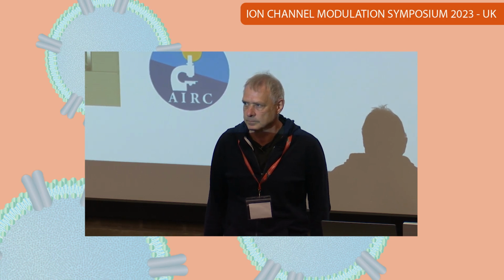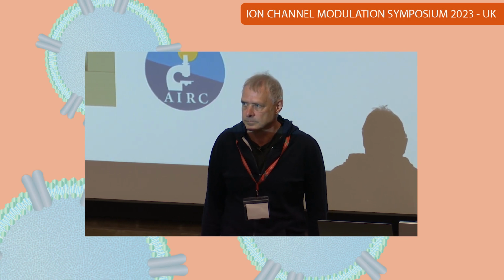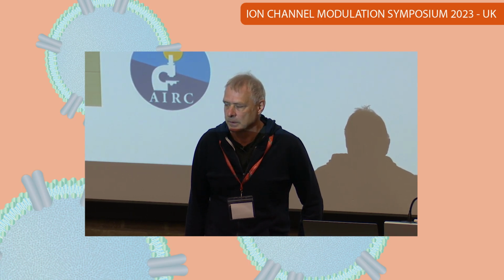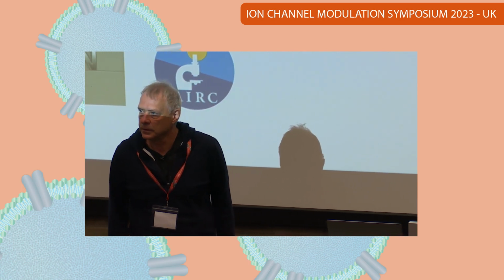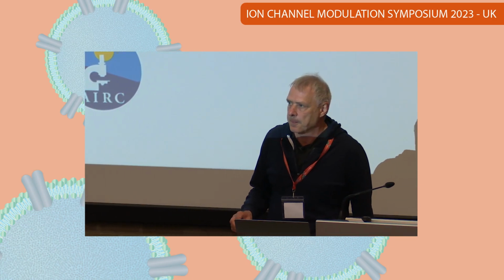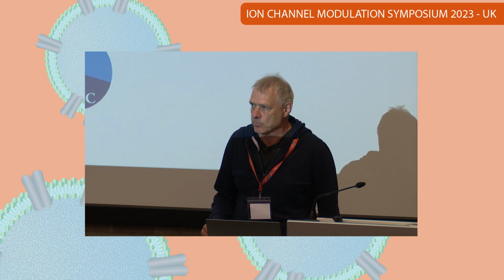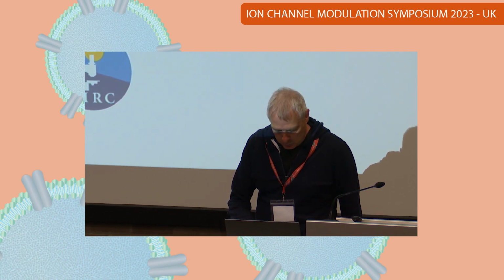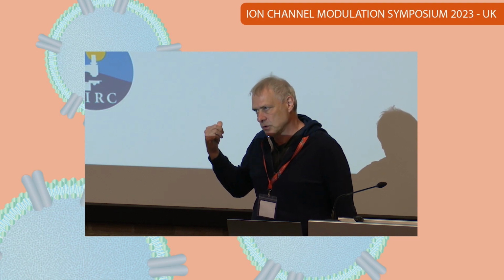Michael, do we know what is the diameter at the level of this cysteine in the cavity? What is the distance between the cysteines? We don't know because we don't have the structure of this subunit.